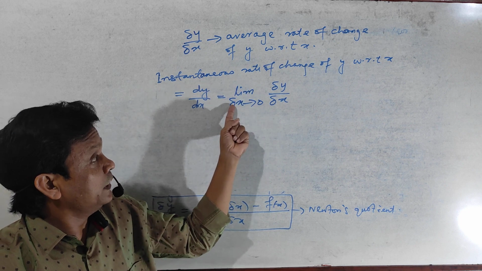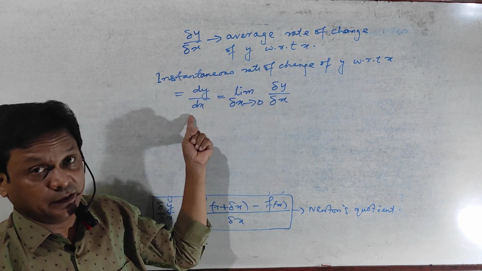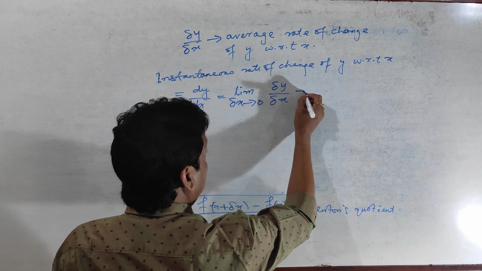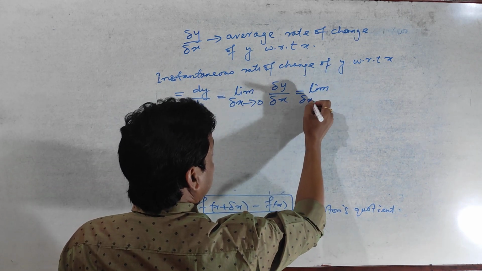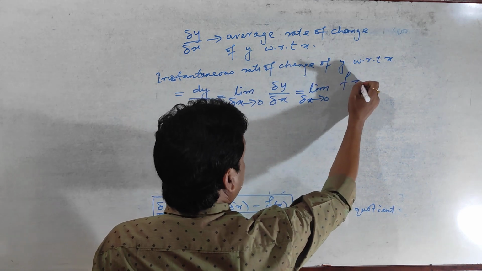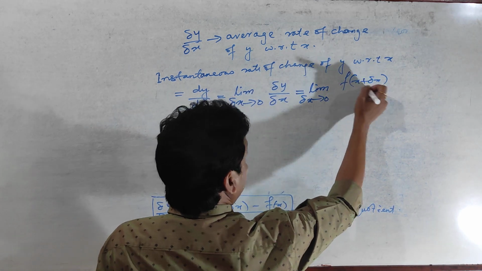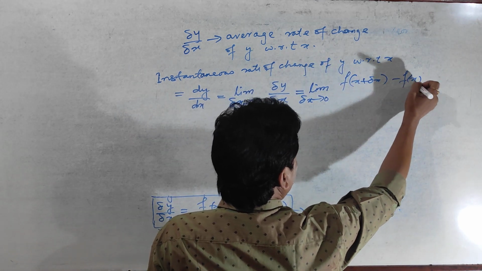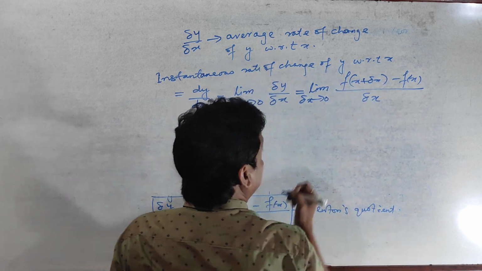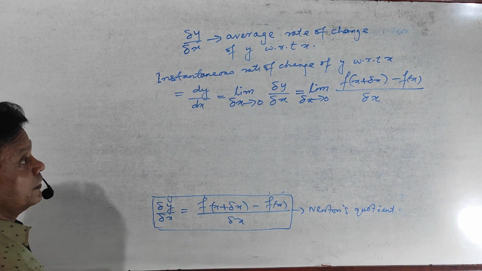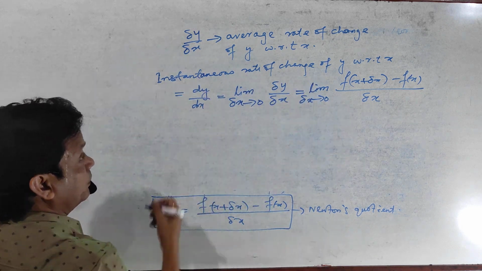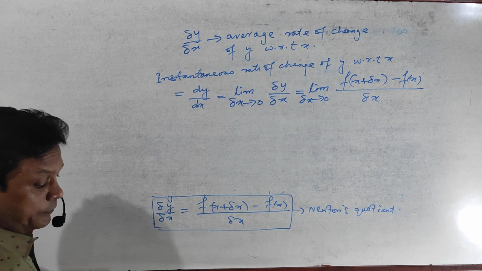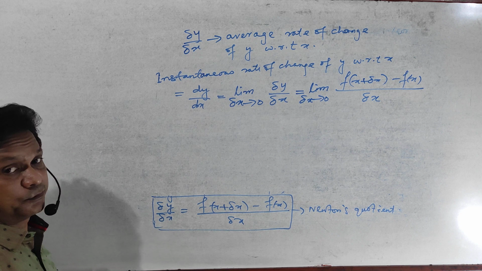If we take the limit, delta will become d, and the formula is this one: limit delta x tends to 0, f of x plus delta x minus f of x divided by delta x. Okay. So this is the instantaneous rate of change of y with respect to x. That means it is the formula of dy by dx.